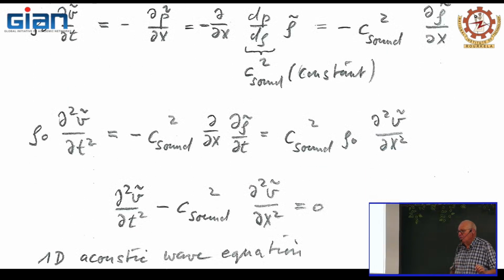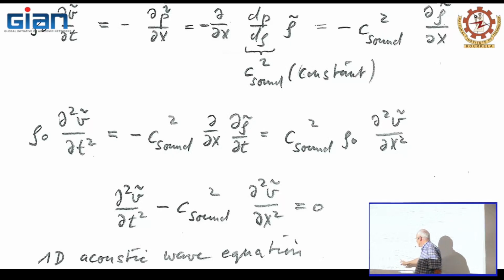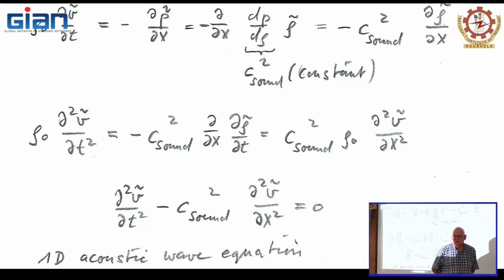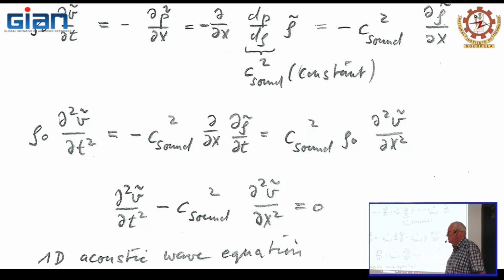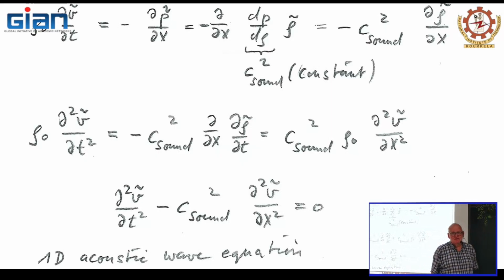Differentiate this equation once with respect to time, and in the end we are left with the typical one-dimensional acoustic wave equation, which tells us that the second time derivative of the velocity perturbation minus sound speed squared times the second spatial derivative of the velocity perturbation is 0. So this is concerning the spatial variables.